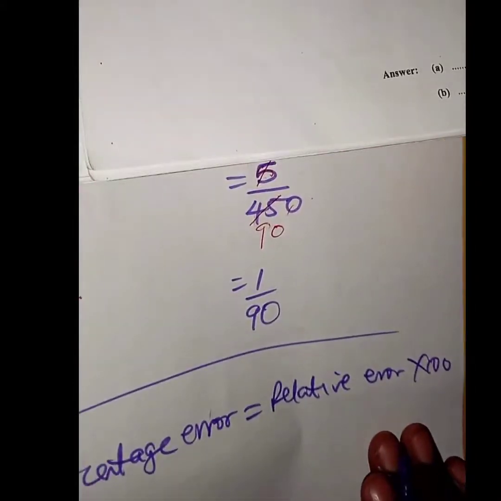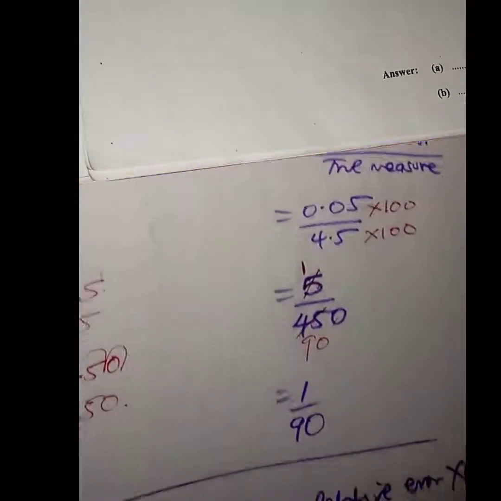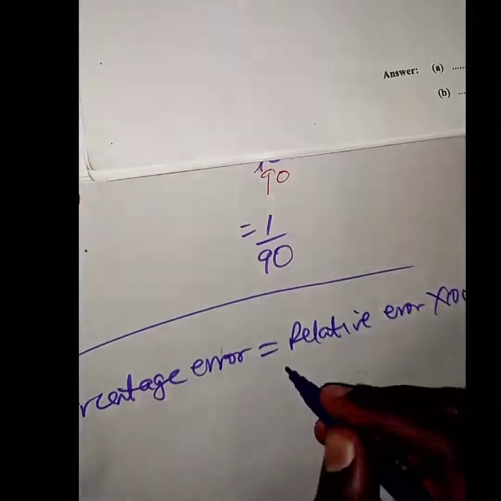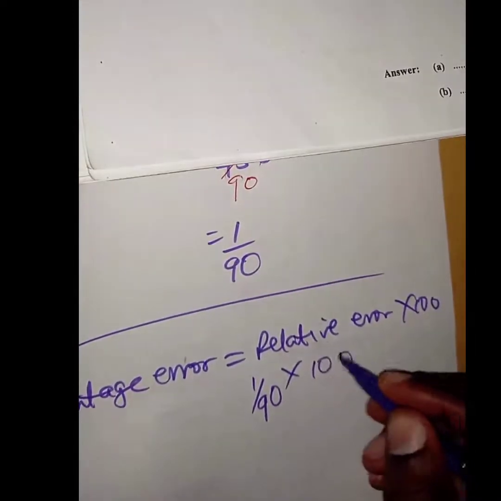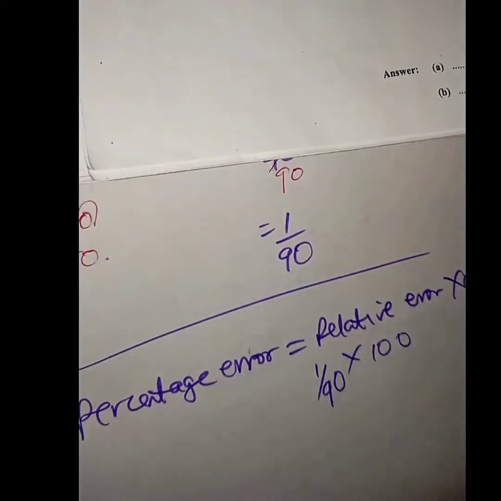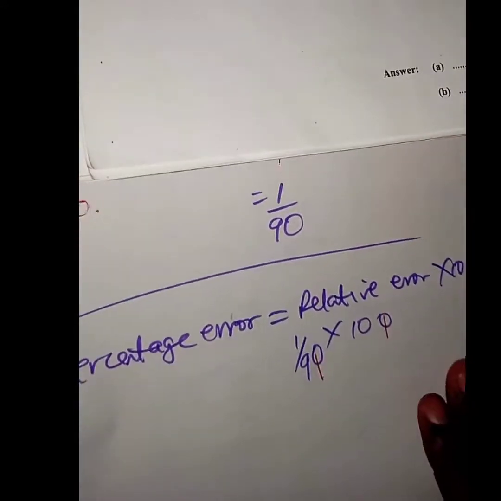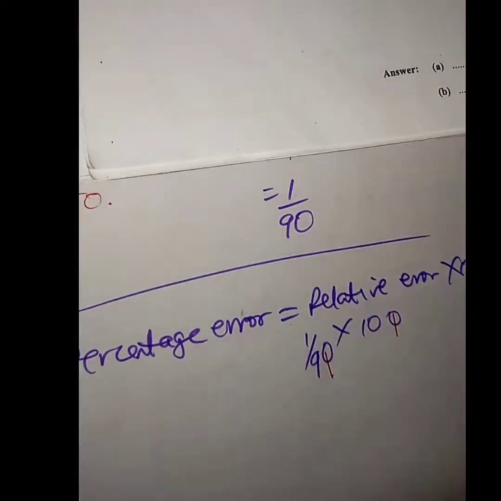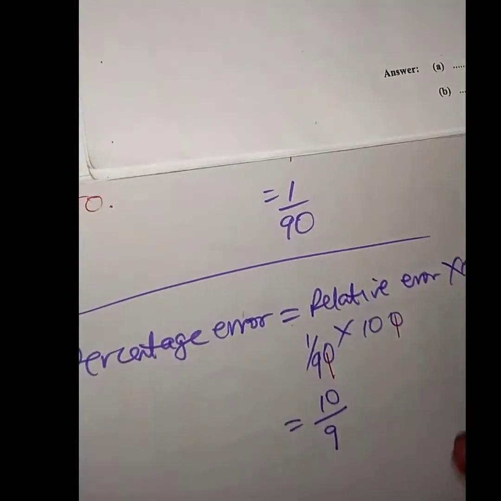So in this case, our relative error was 1 over 90, times 100. You see that? Now you cancel a 0 here and a 0 there. There you go. So you have 1 times 10, you have 10 over 9.